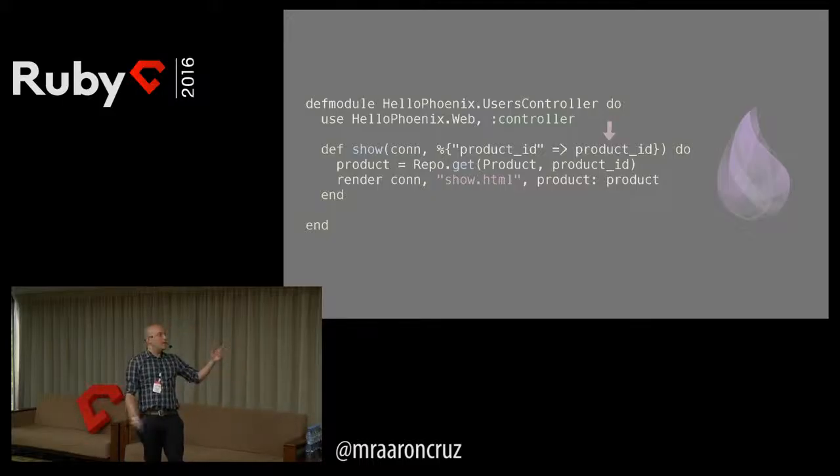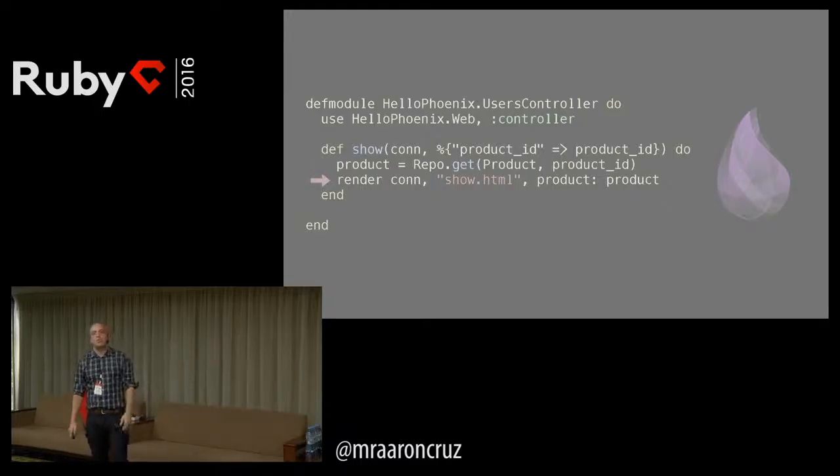Right here, if the params hash has a key called product_ID, then we want to set product_ID as a variable inside this function, and then we can use it. So you can see we're using it here to get a product out of the repo. The repo is probably just using SQL, but there are different kinds of adapters, or probably MongoDB actually in this case. So with the render connection, we're doing that show template, and then we're sending the product into it. So that's like locals in Rails.